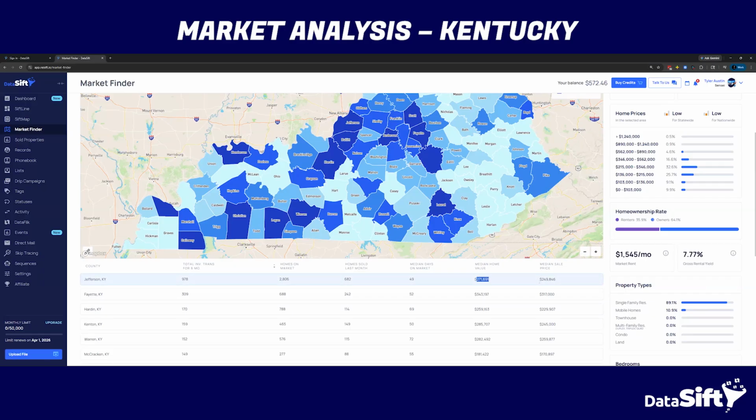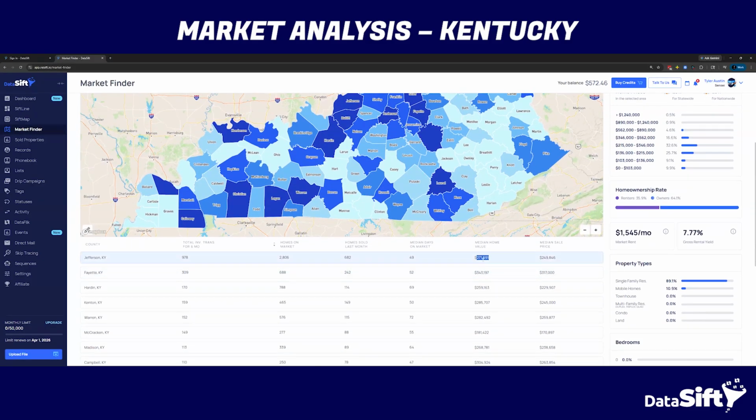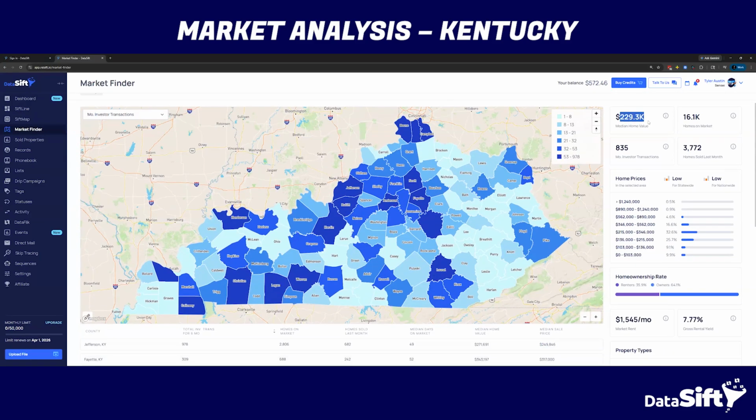This is really important, this median sales price and home value, because let's just say this value was $70,000. That is way below the median value of the state, and also way below the median value of the nation.